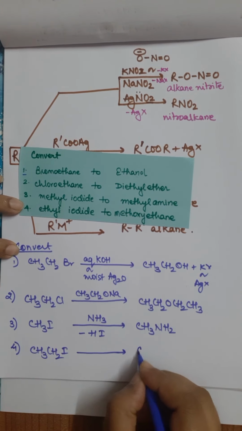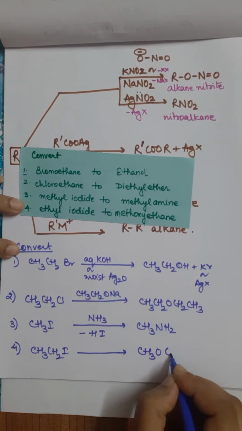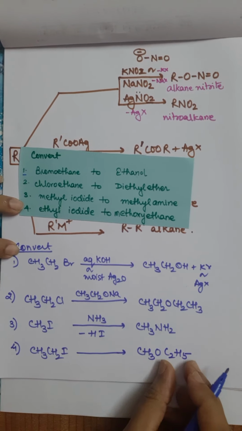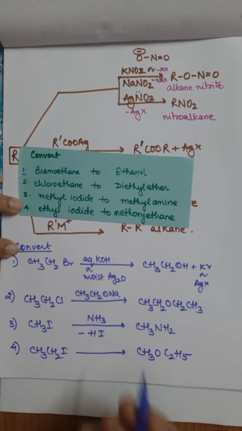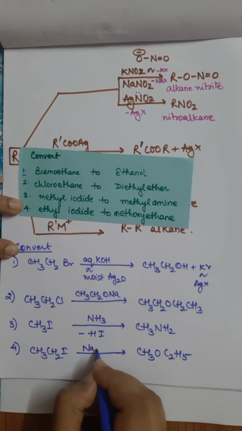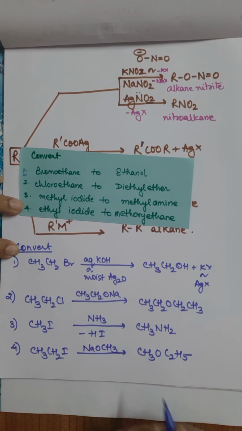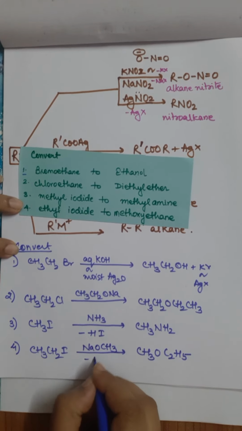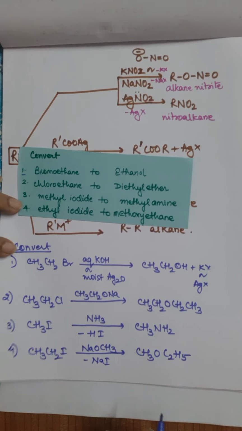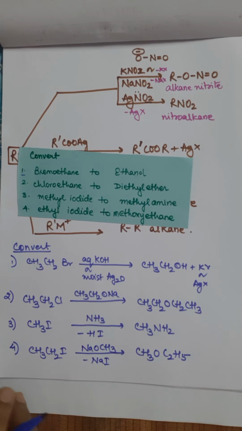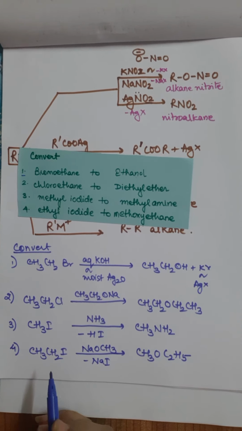Methoxyethane means CH3OC2H5. So, 2 carbons are already present here, you need one more carbon. So, the starting material should be NaOCH3, or you can write it as CH3ONa minus NaI. Okay. So, these are the reactions, simple examples that I have taken.